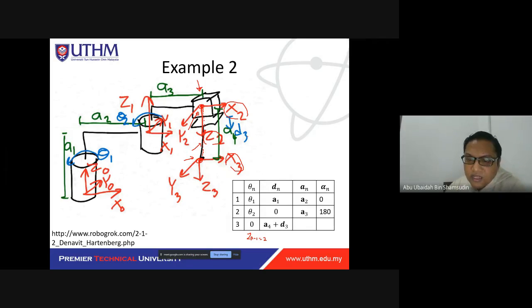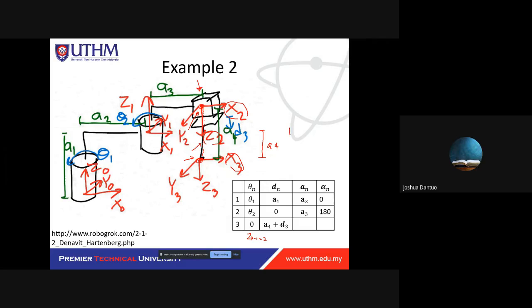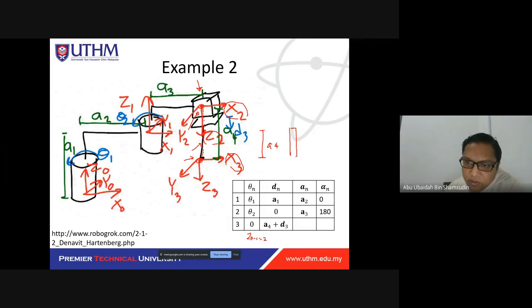But we have a little bit additional because the drawing is a bit bad. Actually, it is like this. You have A4. So this is like the beam on your robot, and you have D3 on this part here. D3 is the movement of your beam, so you can extend this point here.